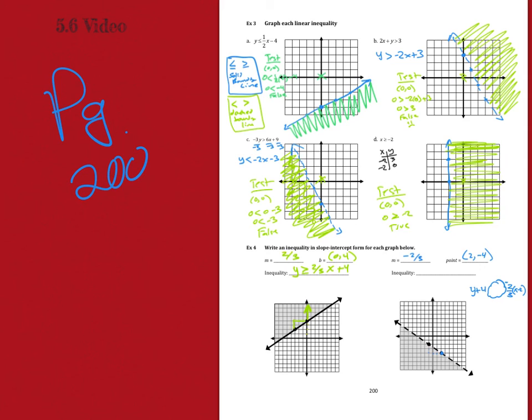All right, so now in order to figure out what the symbol is, I do a test. All right, I can still test the point 0, 0, but in this case, I know this point 0, 0 should be false because it's not shaded. So when I test 0, 0, let's see what happens. I get 0 plus 4, some symbol, -2/3 times 0 minus 2.